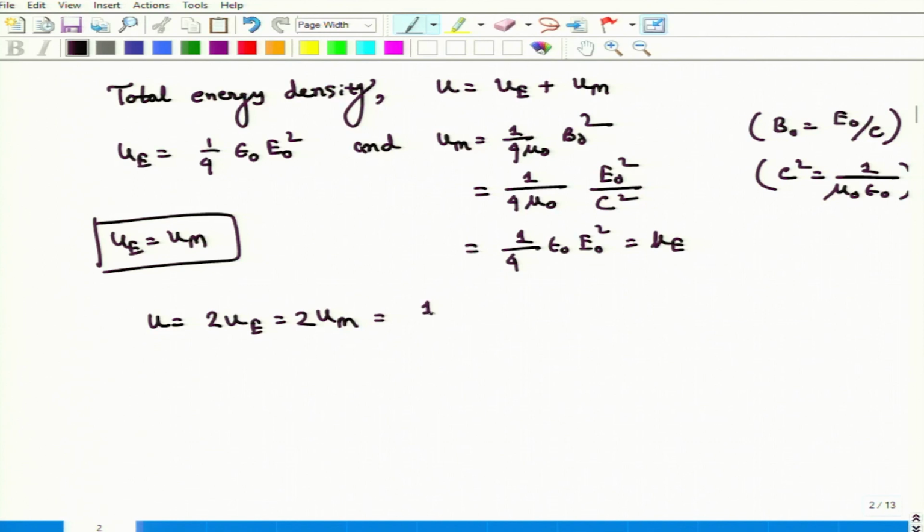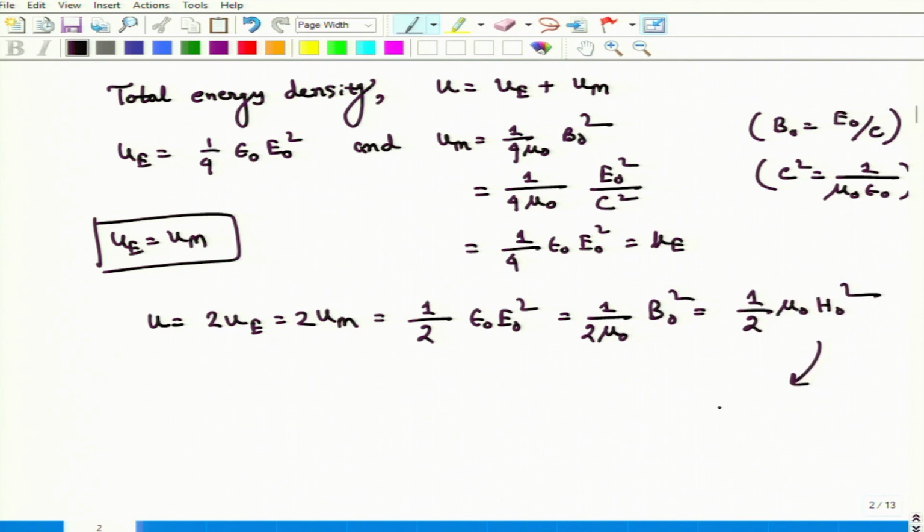So U should be 2UE equals 2UM, equals 1 by 2 epsilon naught E naught square, or we can write 1 by 2 mu naught B naught square, or 1 by 2 mu naught H naught square, where we know that H naught times mu naught equals B naught. Okay, so this is our total energy density. Actually, if we take a complete oscillation, then it will be the average energy density.